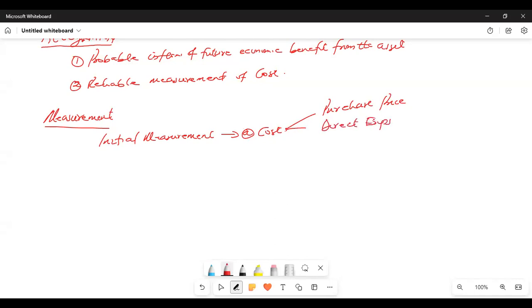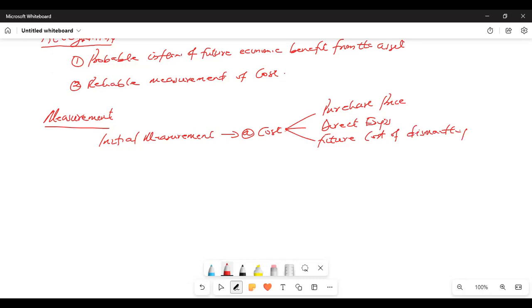Then any future cost of dismantling. So the three elements of cost. All right. So those are what we call cost.